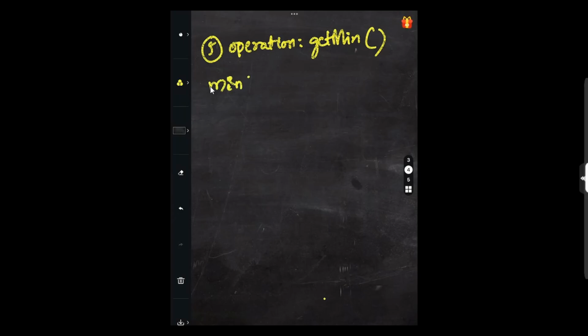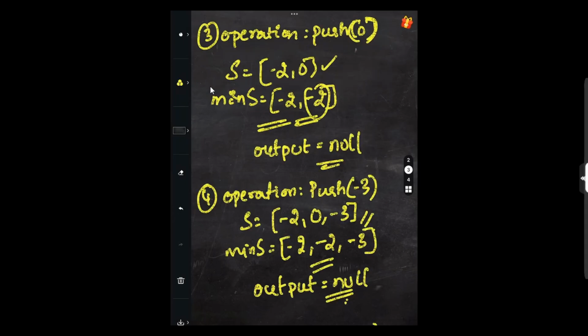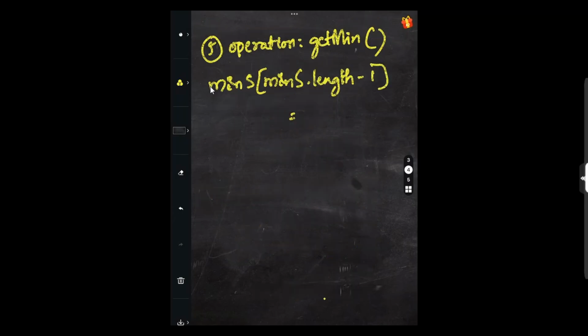Here we can clearly see minus 2, minus 2 and minus 3. We are just returning the top of the min stack, right? The top of the min stack is nothing but minus 3 here. So this will be minus 3, the element that is present at the last index.